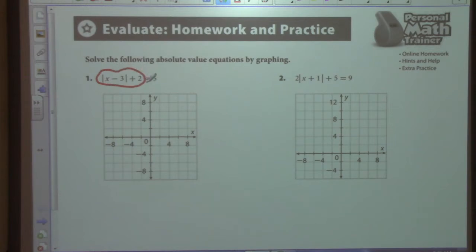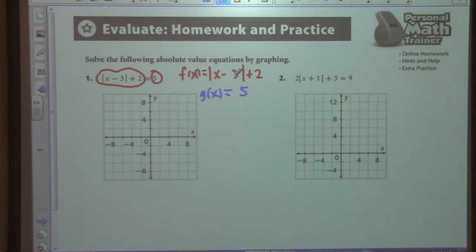So in the case of problem 1, we say f of x equals absolute value of quantity x minus 3 plus 2, and then g of x is equal to 5. We can graph these two functions simultaneously and find where the intersection points, if any, are, right?